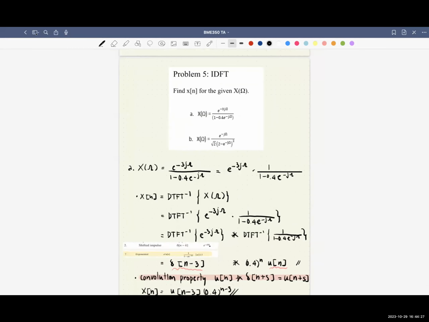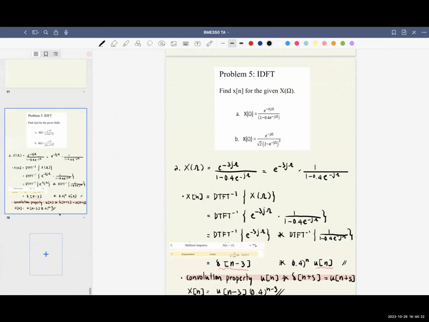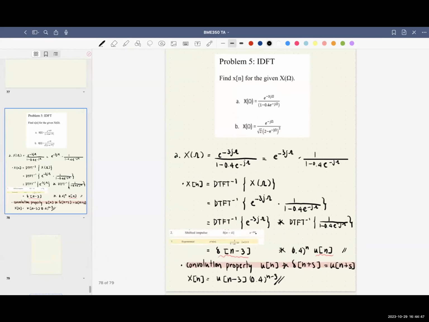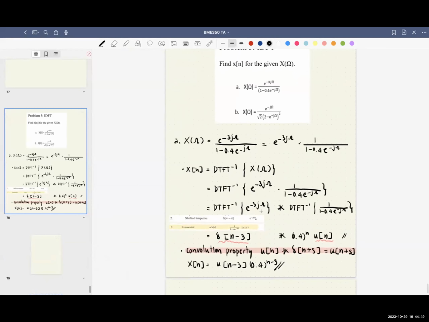Now let's do question B. Why did we apply convolution for the inverse? Oh, okay, Ruhi, I think you have a question about what happened during this process, right? Yes.